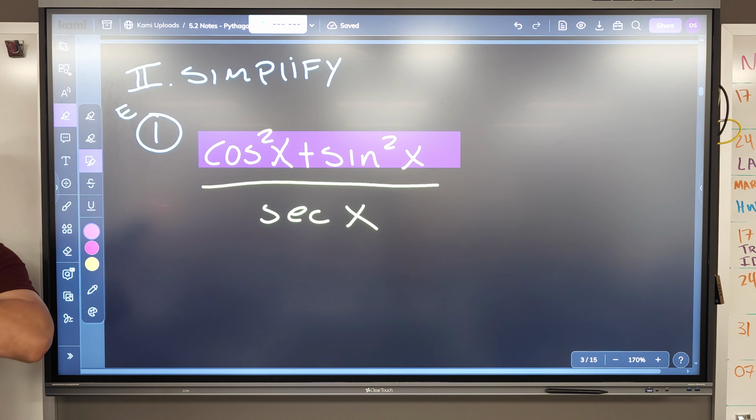Right, that one's right here. And then what can we trade this for? Cosecant. How many of you got it right?